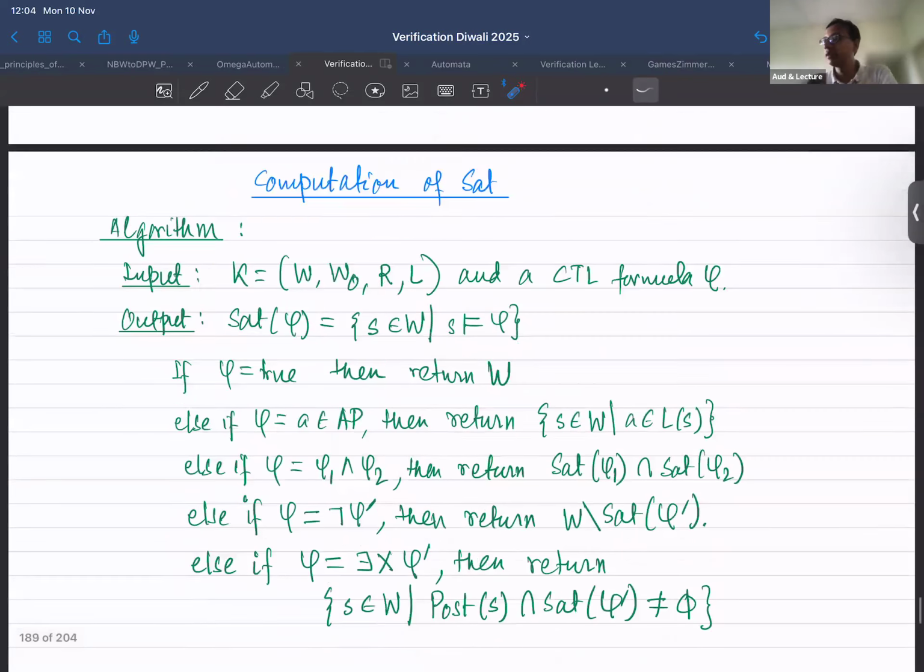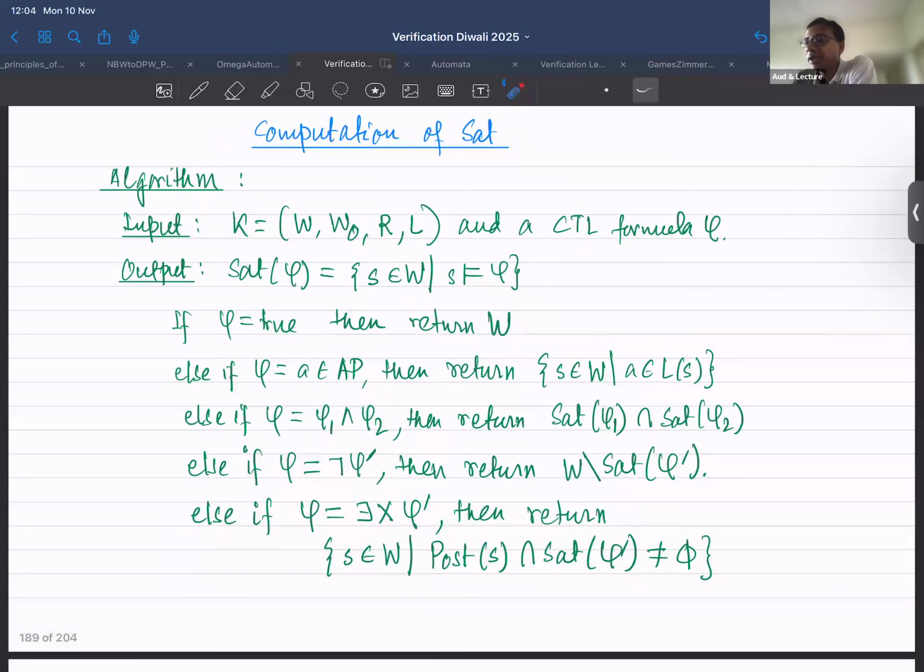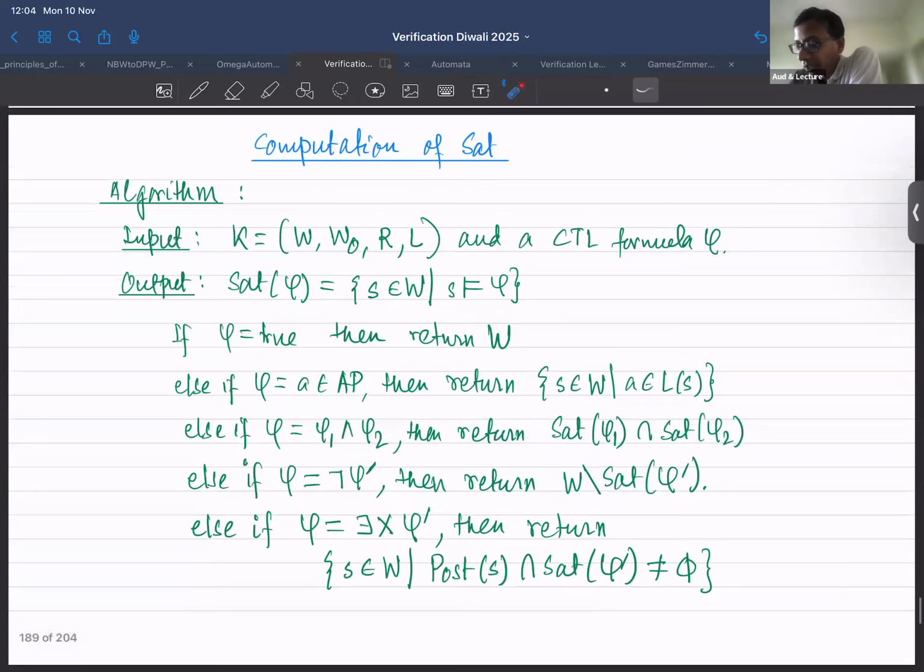If you want to write an algorithm, this is how it looks. It's fairly straightforward. You are given a Kripke structure of this form and a CTL formula phi. Then sat of phi is the set of states such that it satisfies phi. It's a case analysis.